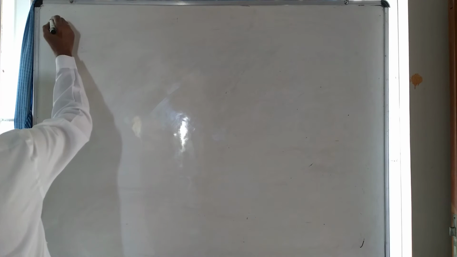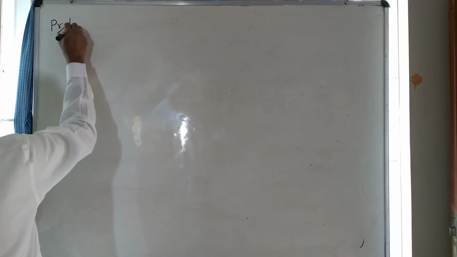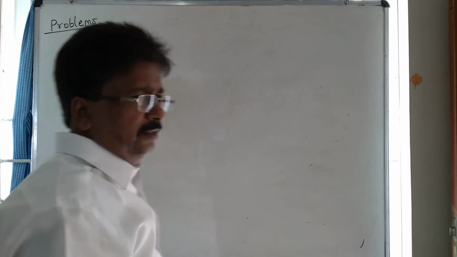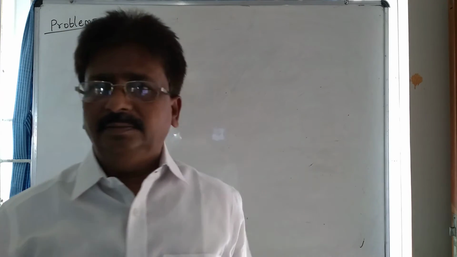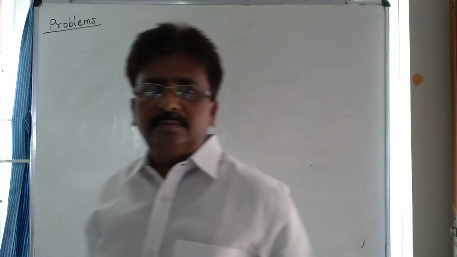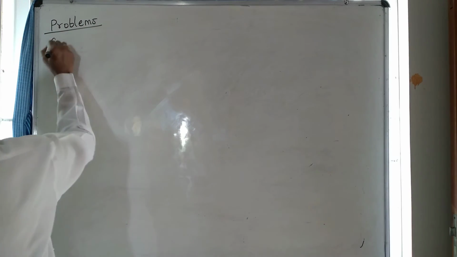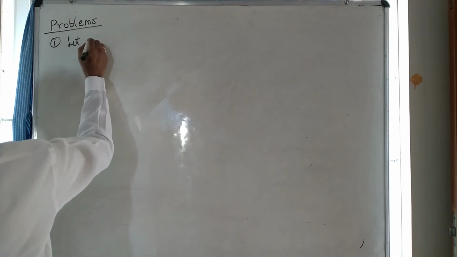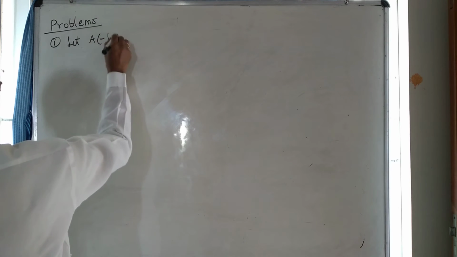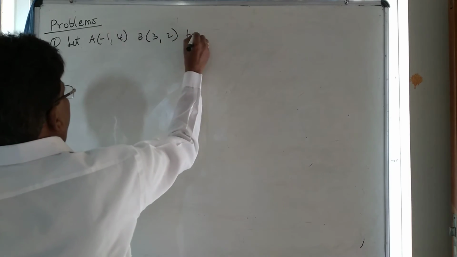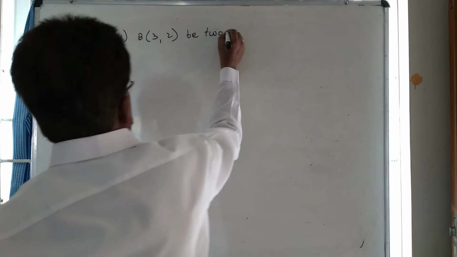A problem. I will give the problem. Let A(-1, 4) and B(3, 2) be 2 points.